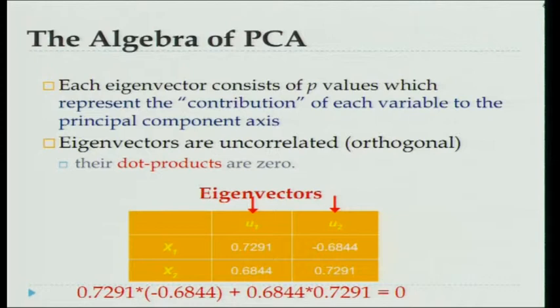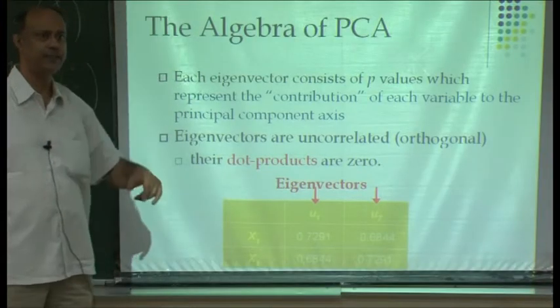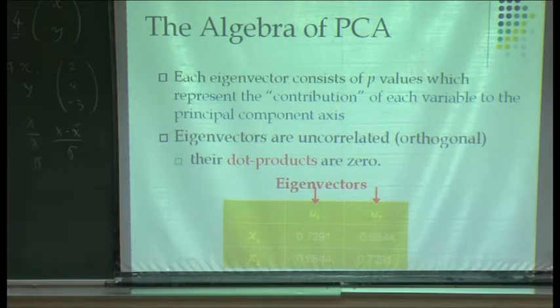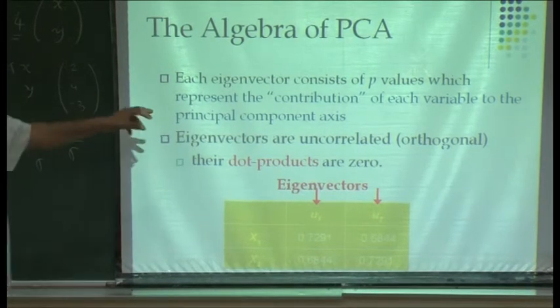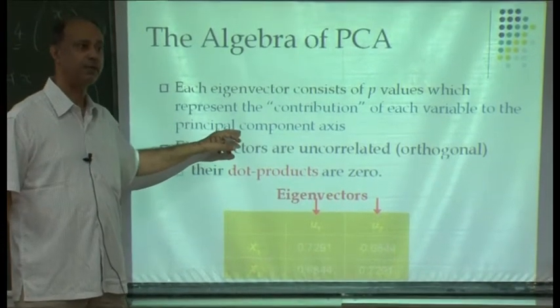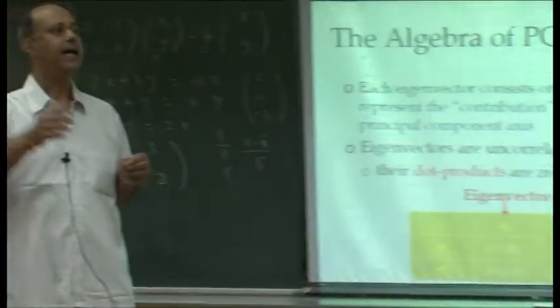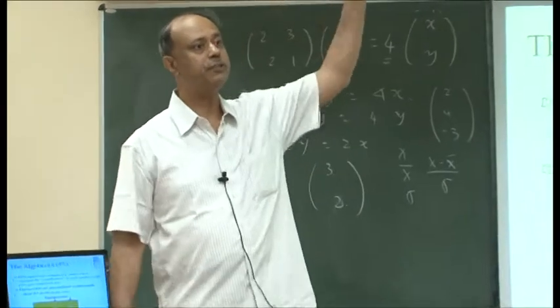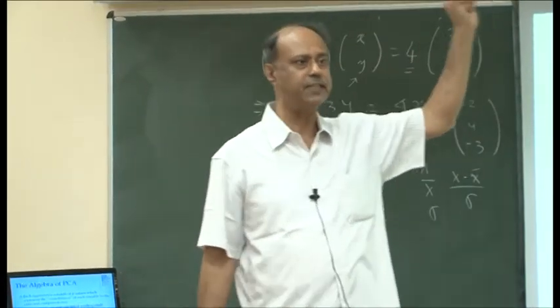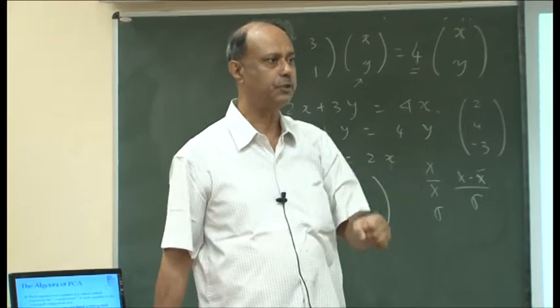Now each eigenvector consists of how many variables? It consists of p values, right? P values will be there. It also gives you the contribution of each variable to the principal component, because that provides the principal axis, and the original x values have a certain contribution to it.